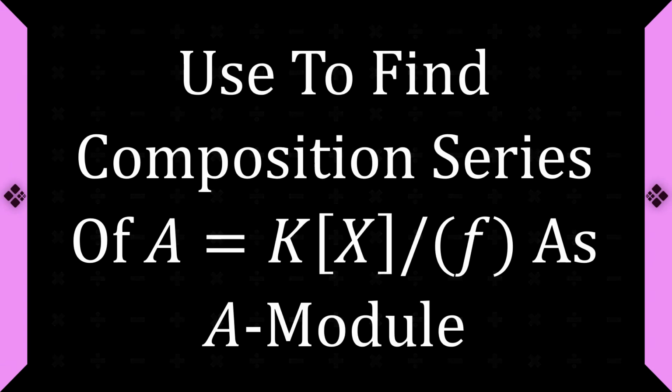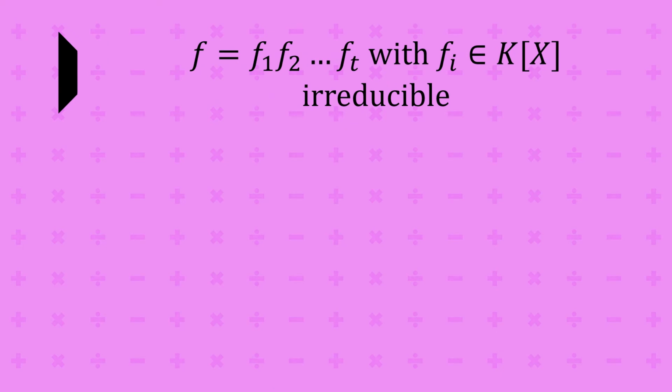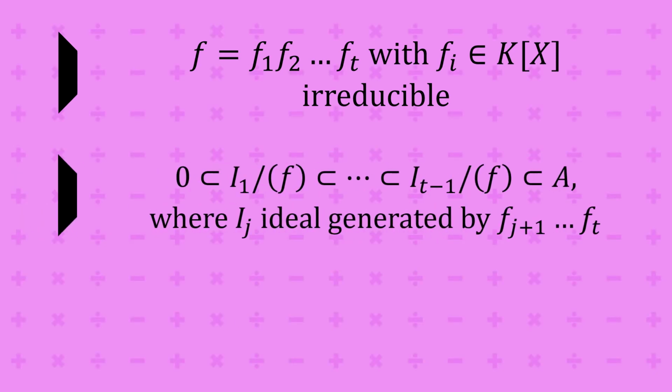We can use this to find a composition series of the algebra A equaling k[x] over the ideal generated by f as the regular A module. Let f be the product of f1 to ft with fi irreducible, but not necessarily pairwise coprime.